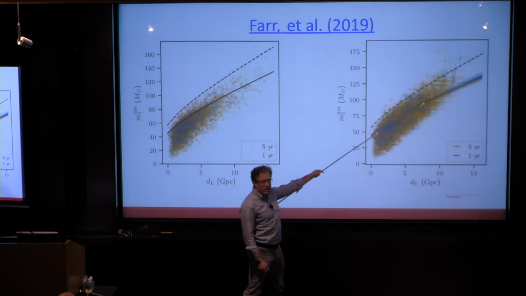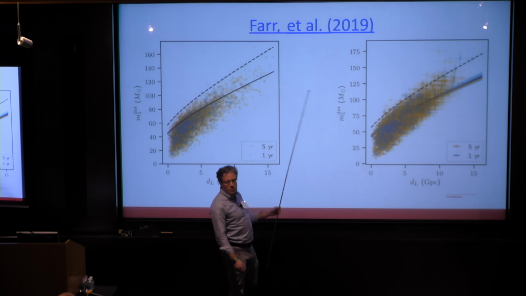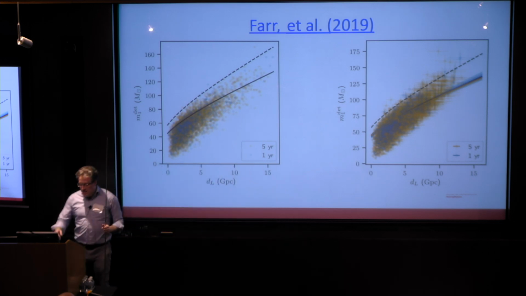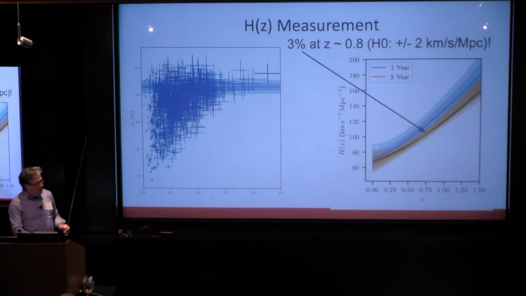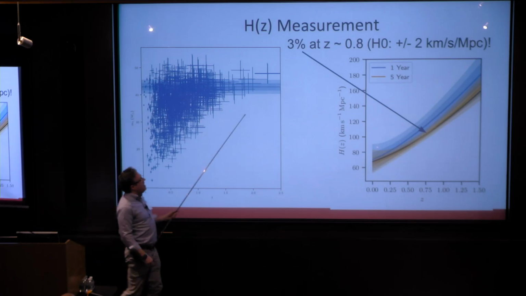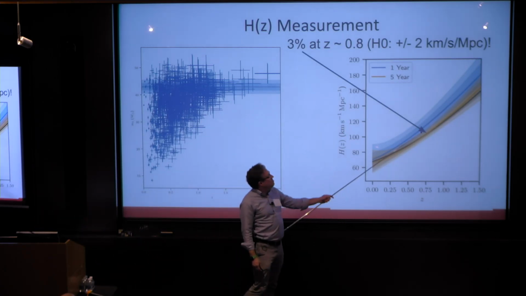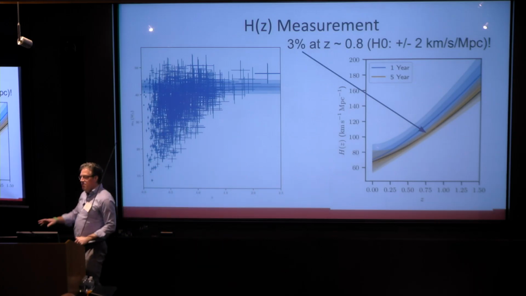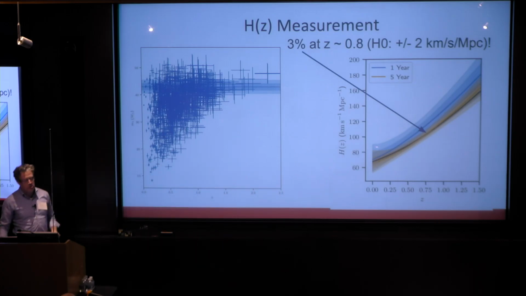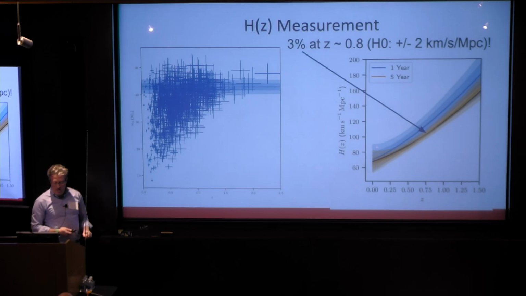So this is literally luminosity distance as a function of redshift, which means it can be used to constrain cosmological parameters. And in particular, if you use it to constrain the Hubble rate, you get the best measurement at about a redshift of 0.8. And there you can measure it to 3% if you can collect a few hundreds of these sources. We are going to collect a few hundreds of these sources. This is a measurement that we can make.